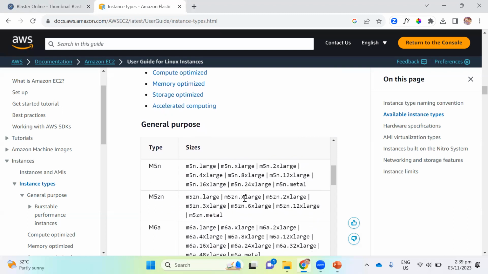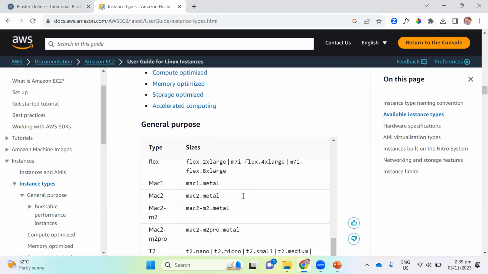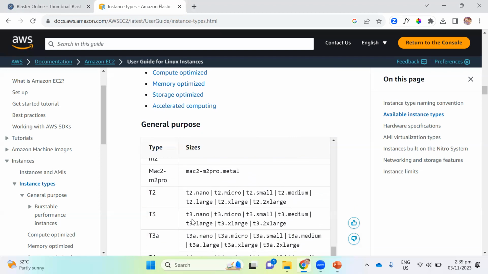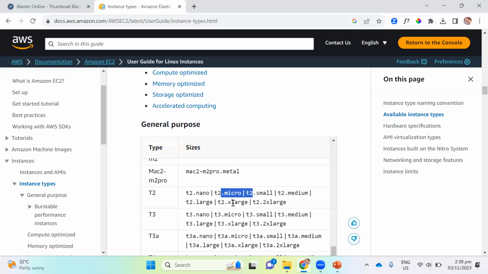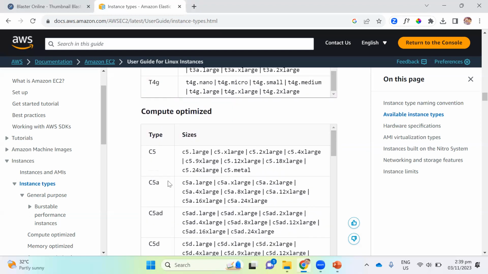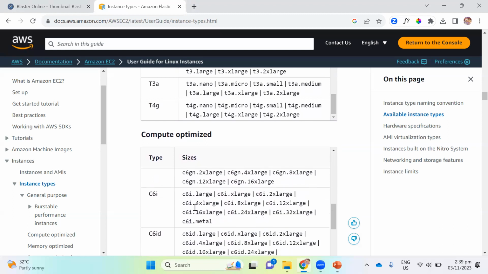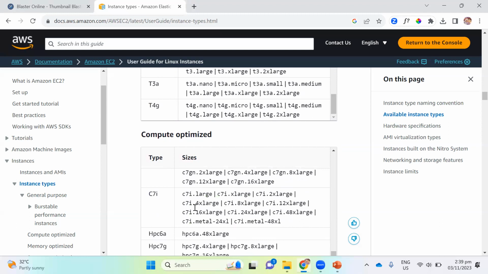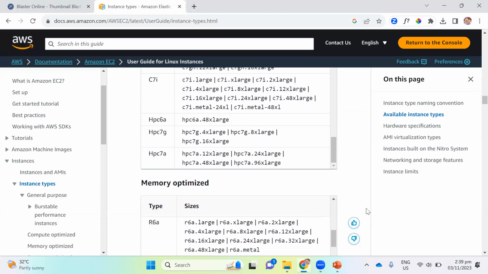So let's go and dive into the one which we are always using. We are using T2 micro mostly, right? These are the sizes and other details. Then if you go here, you will understand what the C5 things are, C5 large, all these things, which we can take down and take note of. Memory optimized is R5, all these things.